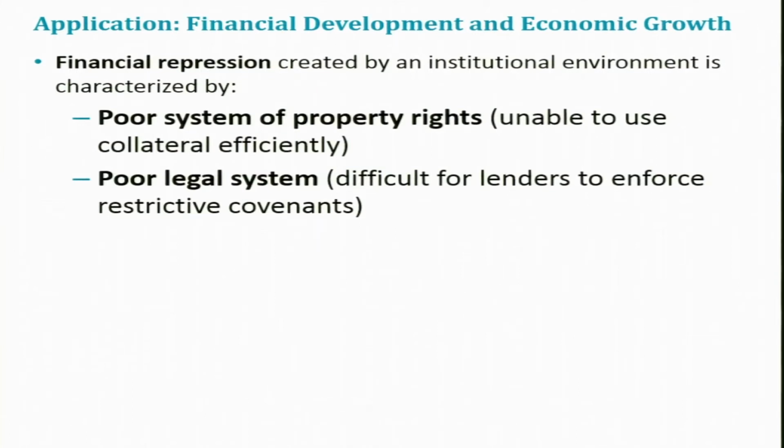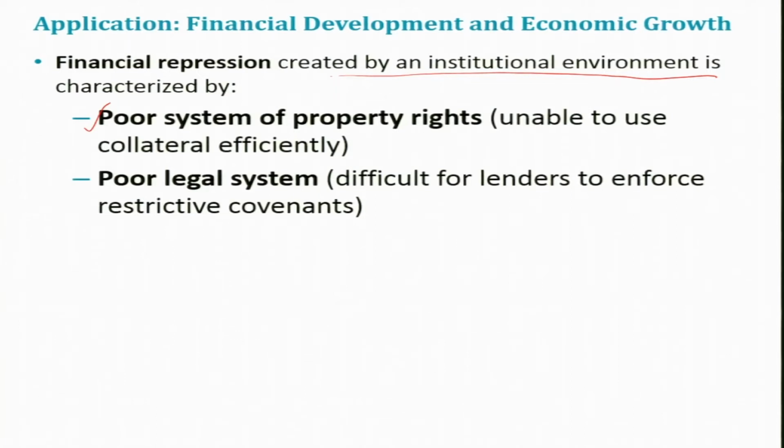So these are all actually created by an institutional environment characterized by, for example, a poor system of property rights. A poor system of property rights means being unable to use collateral efficiently.